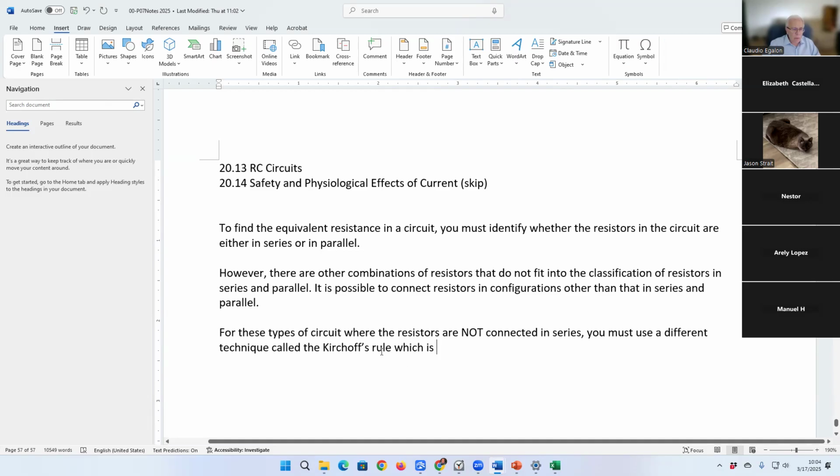Kirchhoff loop law. Let's put it loop law.